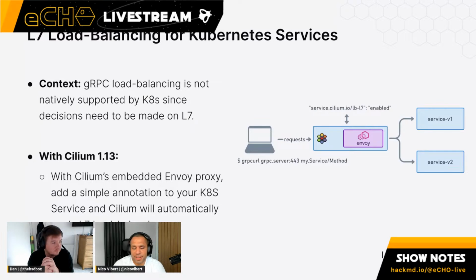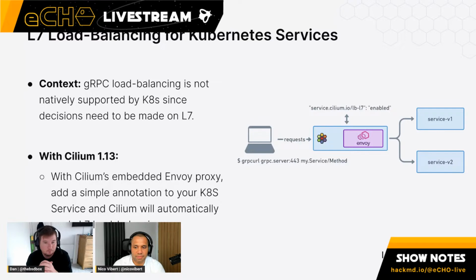Right, this one is quite cool. I'm not sure how frequently asked it is as a feature, but essentially it's around providing layer 7 load balancing for Kubernetes services, and that's mainly applicable for gRPC traffic.